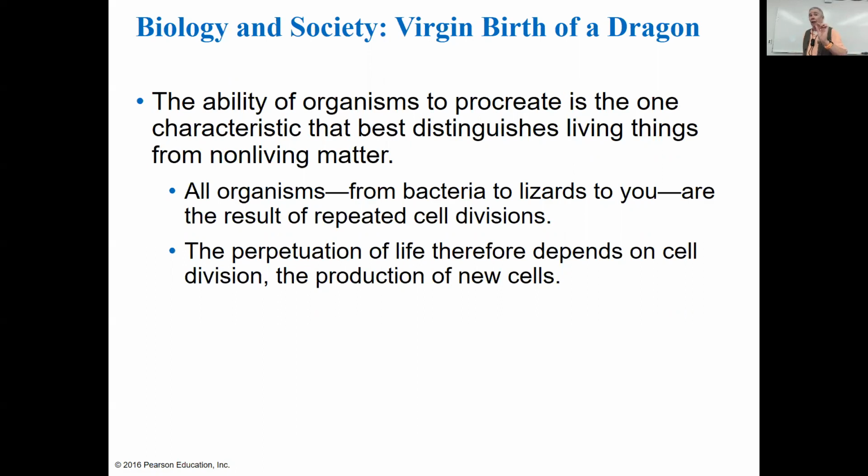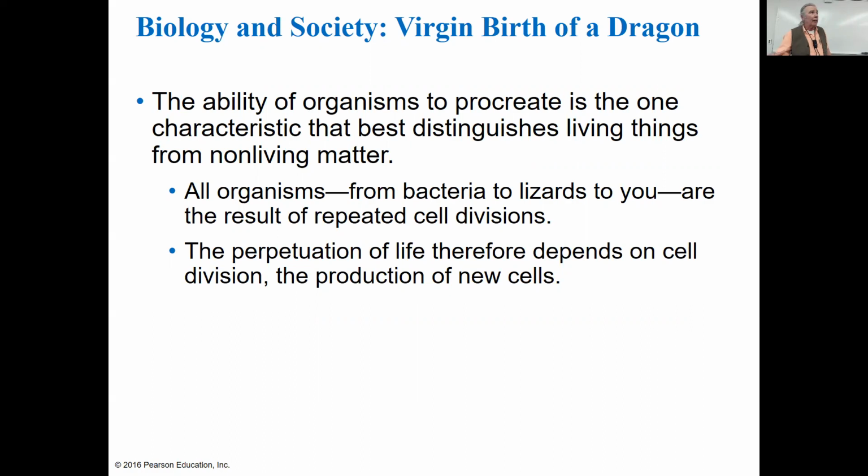Remember, you started off life as a single cell called a zygote. And where are you now? You're hundreds of trillions of cells, and they all came about by this process called mitosis, which is asexual cell reproduction.